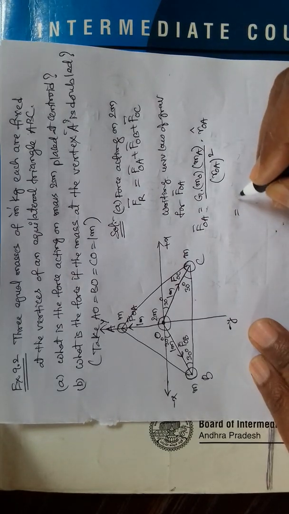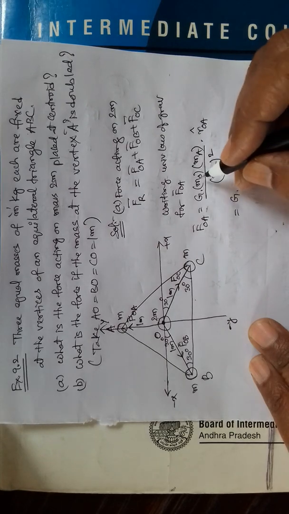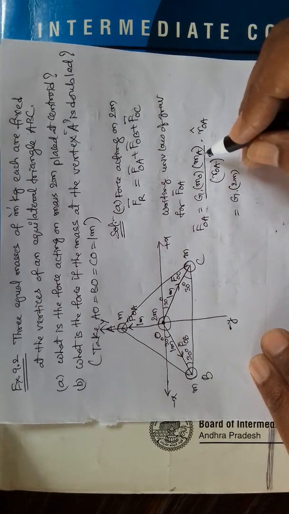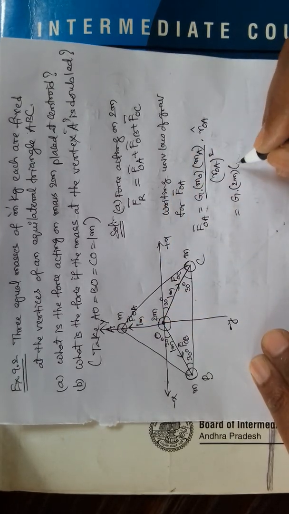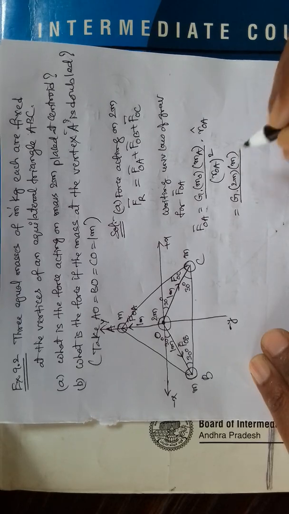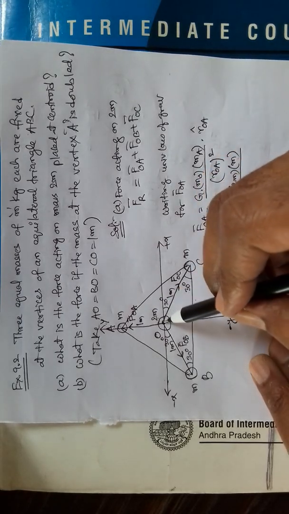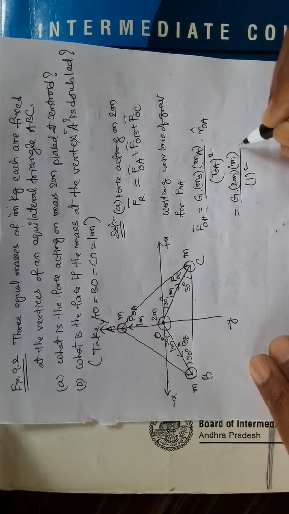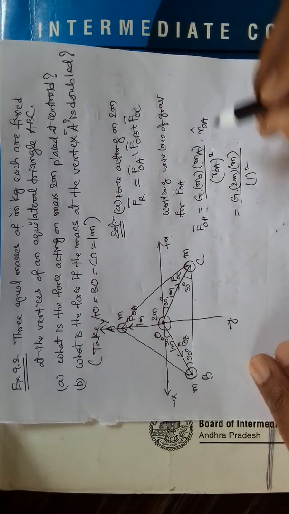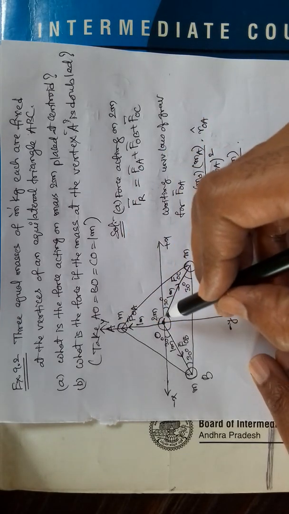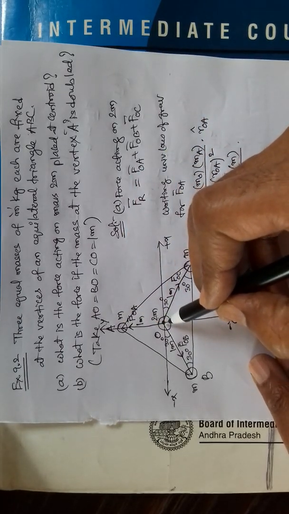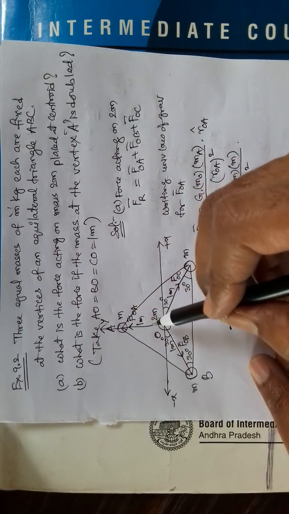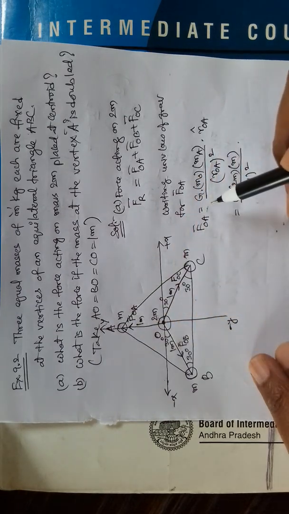Now capital G, MO, mass placed at O is 2m, mass placed at A is m, by ROA, the distance between O and A is 1 meter, into unit vector along ROA. See, this is in the positive y-axis. The direction of force is along positive y-axis.